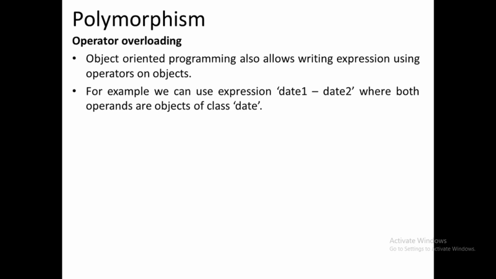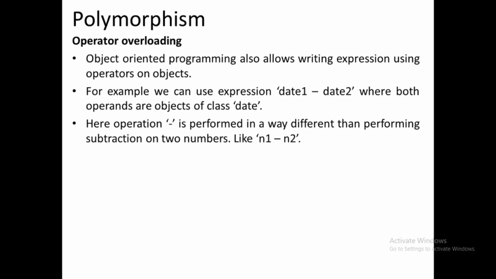Remember, date1 and date2 are known as operands of the date class. So here it will not perform subtraction. Remember, here the minus operation is performed in a way different from performing subtraction on two numbers like n1 minus n2.